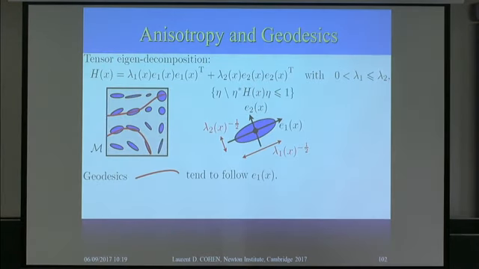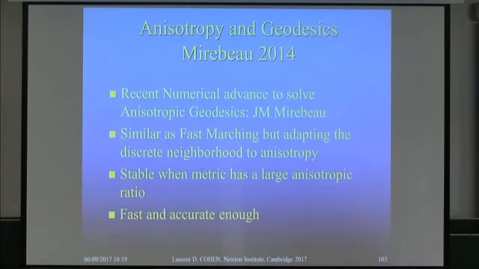Then Jean-Marie Mirebeau extended the fast marching method to anisotropic metrics using a set of local discrete neighborhoods that can adapt to the local anisotropy.